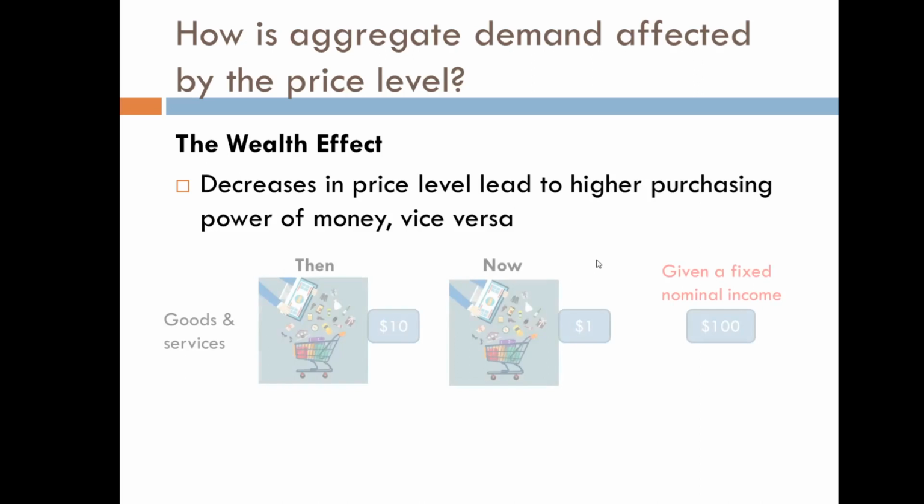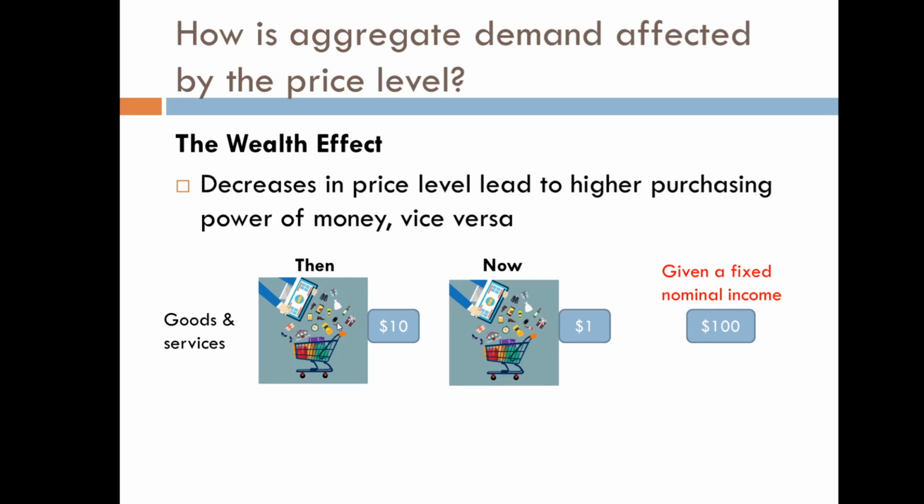So take a look at this. Before, when you were buying goods and services, it would cost you $10. And let's assume you have a fixed nominal income, let's say $100. Now let's say the price level is getting less, so it has decreased from 10 to 1.